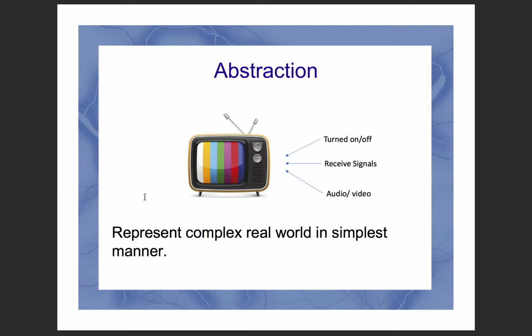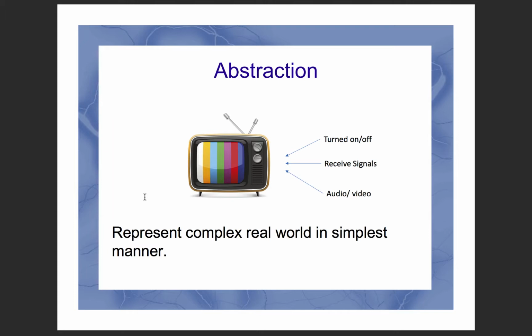If you want to learn how to implement a television, how to build a television, how to write any operations to turn it on and off or to receive signals, probably it would be more complicated. But using that television is not that complicated.